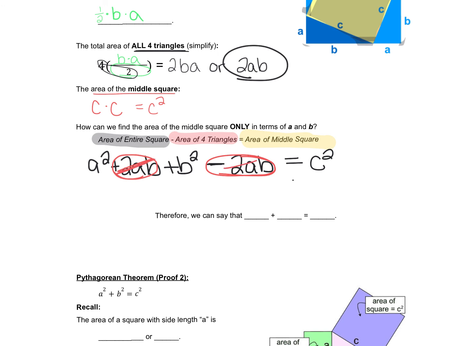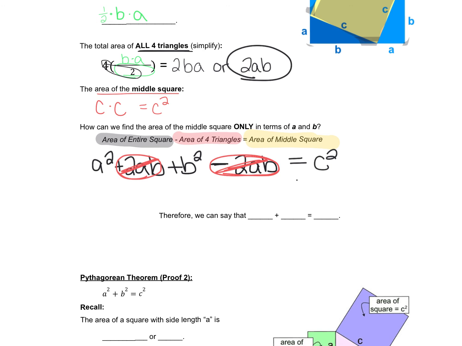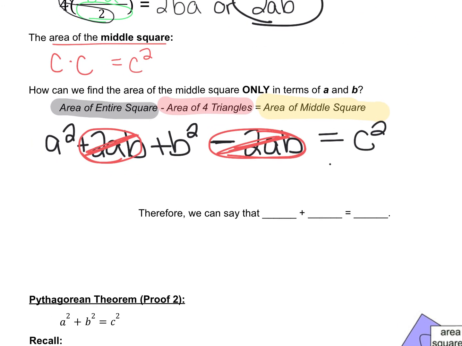Now they're going away, because they zero out. So now we're going to rewrite it. Therefore, we can say that I have an A squared, I have a B squared, and that's going to equal C squared. So I know that that yellow square can also be written as A squared plus B squared.